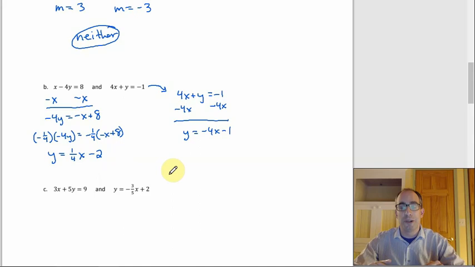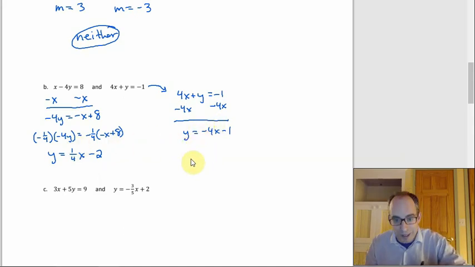Those are negative reciprocals of each other, right? Since 4 and 1/4 are reciprocals, but then these two have opposite signs, that's what you want to see for two lines that are perpendicular, right? So the slopes are negative reciprocals, and that means that the two lines are perpendicular.